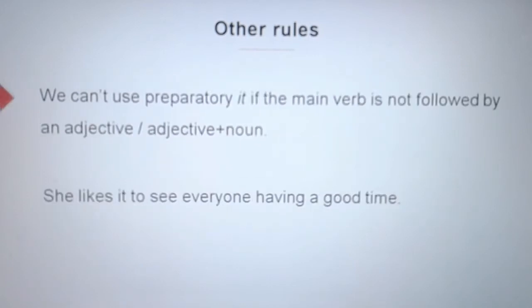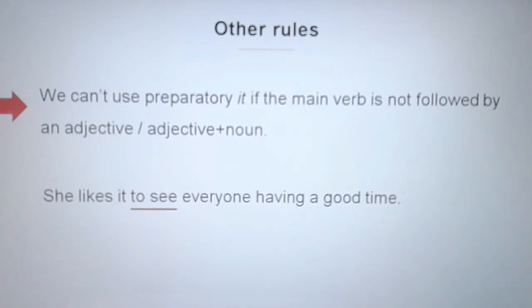Next, we cannot use preparatory it if the main verb is not followed by an adjective or adjective plus noun either. For example, she likes it to see everyone having a good time. So, if you can see here, after it, this sentence is not followed by adjective or adjective noun.